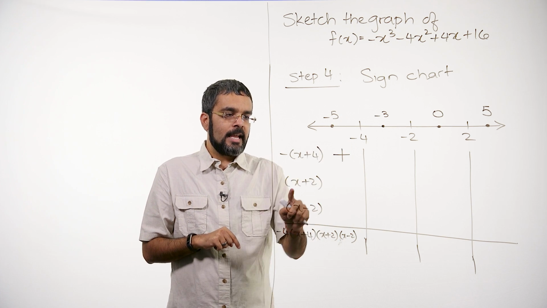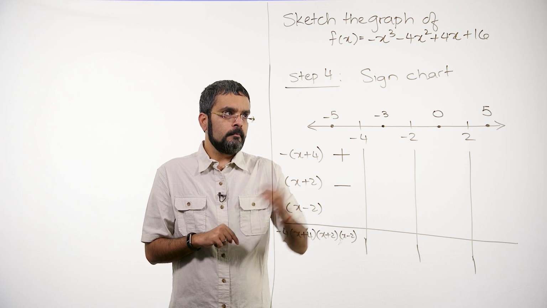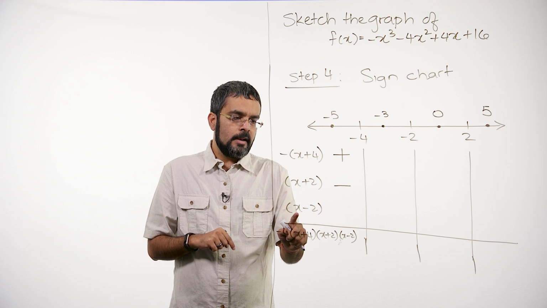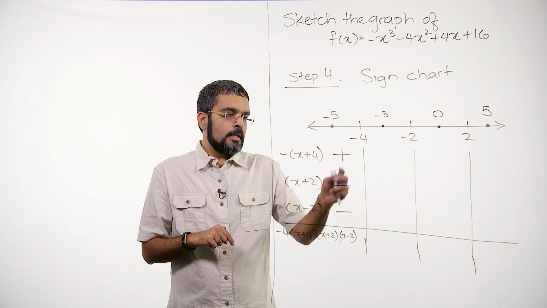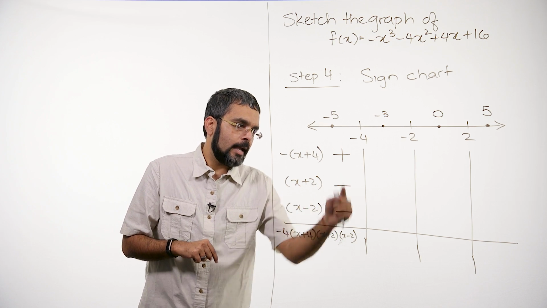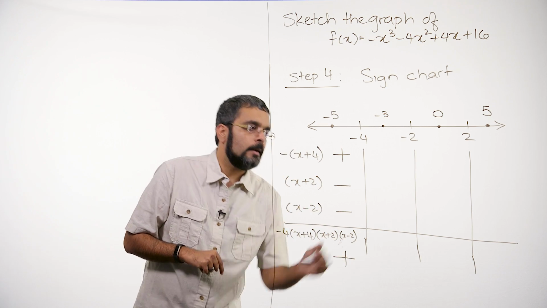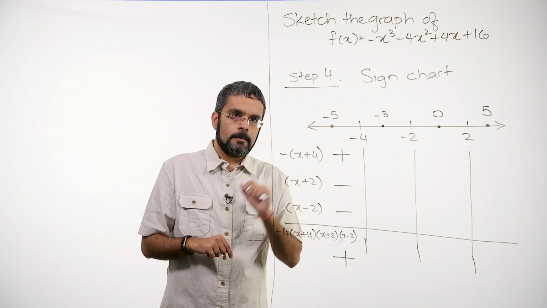If I take in negative 5 here, negative 5 plus 2 is going to be a negative number. And if I take in negative 5 here, negative 5 minus 2 is also going to be a negative number. Okay? So now, look at this column here. If I multiply all these signs, what do I get? I'm going to get a positive number, right? Because I'm multiplying 2 negatives, that gives me a positive, times a positive is a positive.